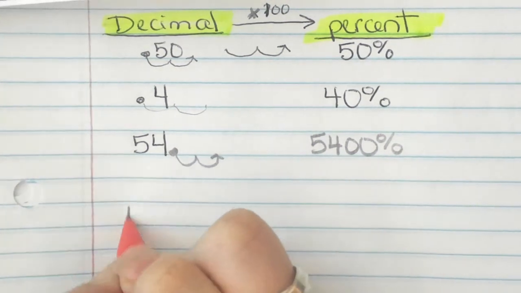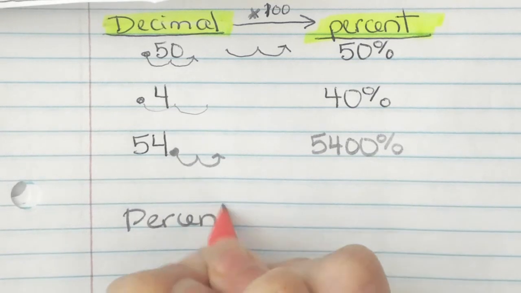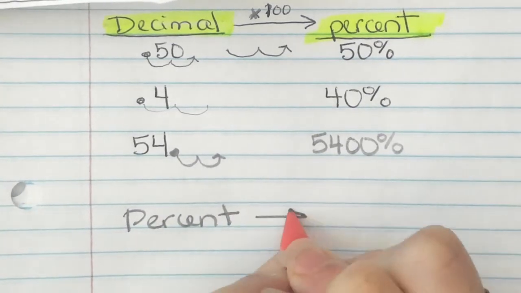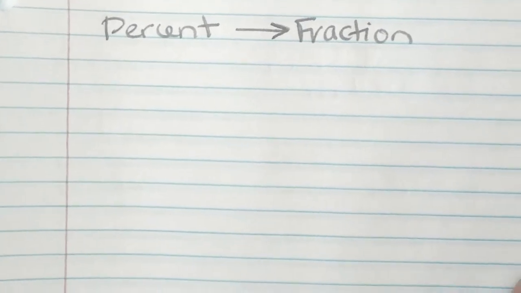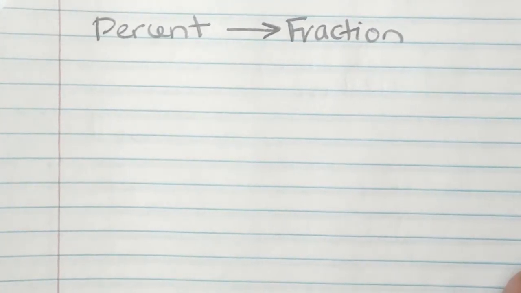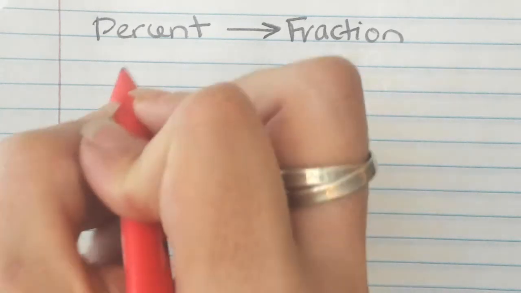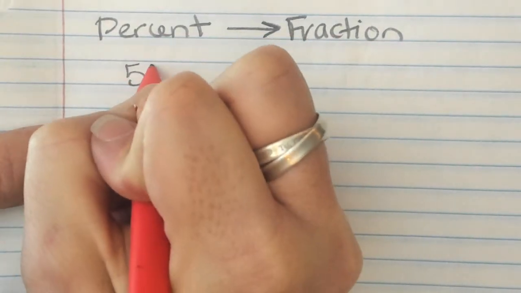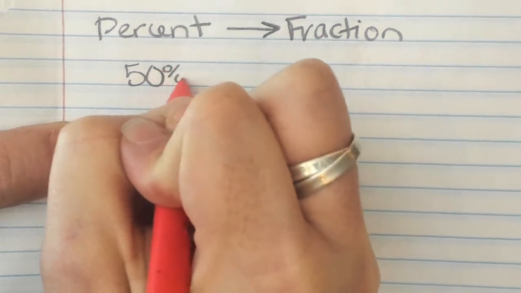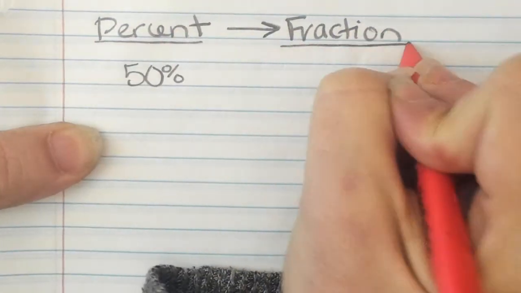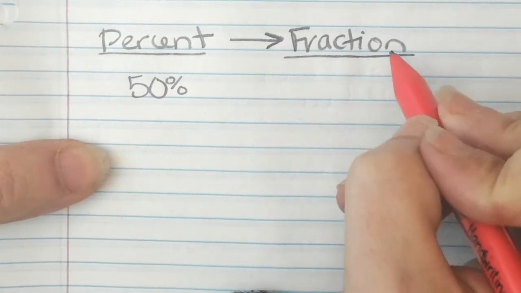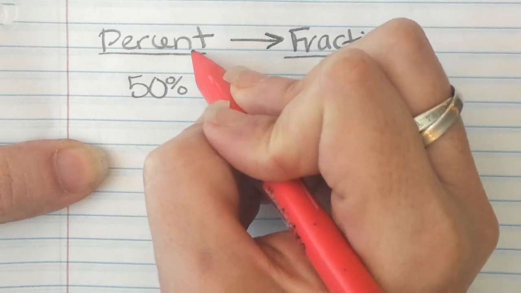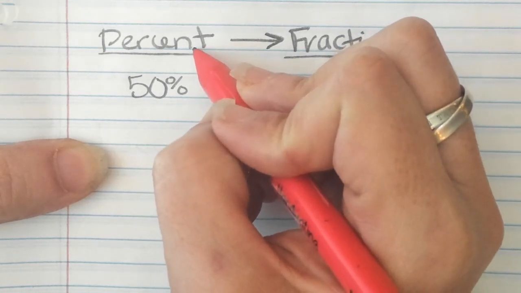Okay, the next section is percent to fraction. Percent to fraction. Okay, now, percent. I'm thinking 50%. Okay, but I know in my head, and this is what you've got to memorize, that when they say fraction and the word percent, it means out of 100.